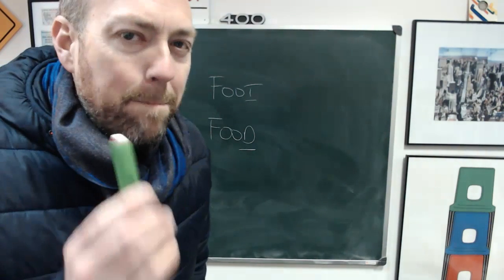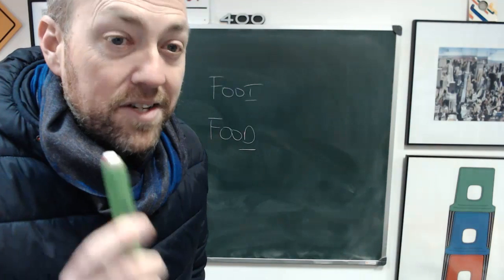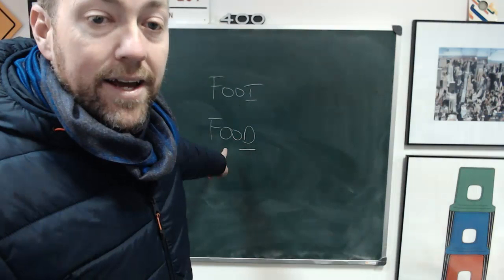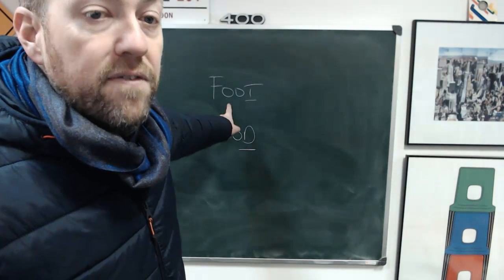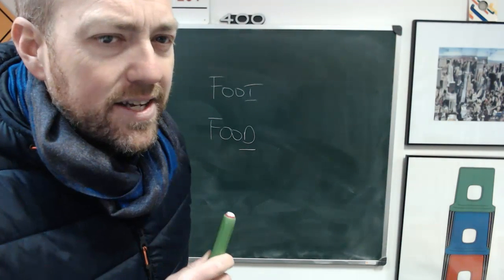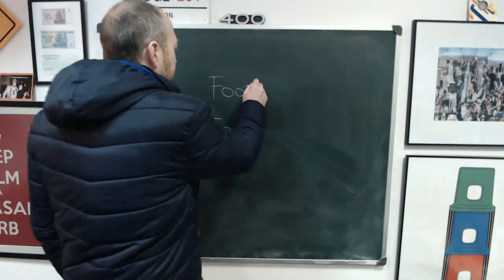So maybe this is not the best example because here we have the sound oo and here we have the sound oo. Foot, food. But what's really important is the sound at the end.